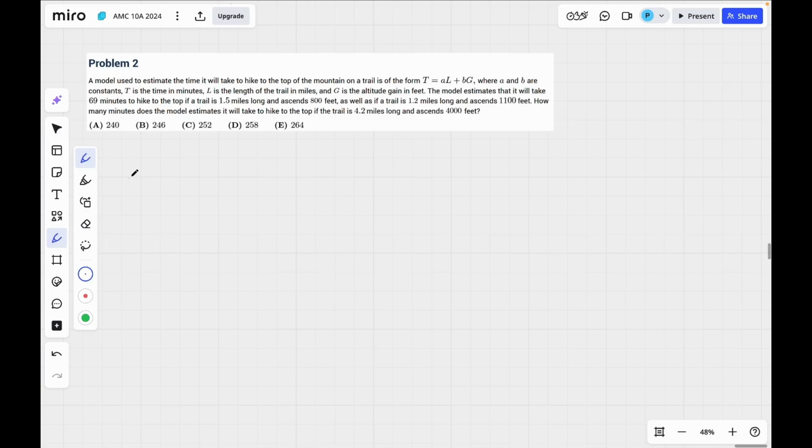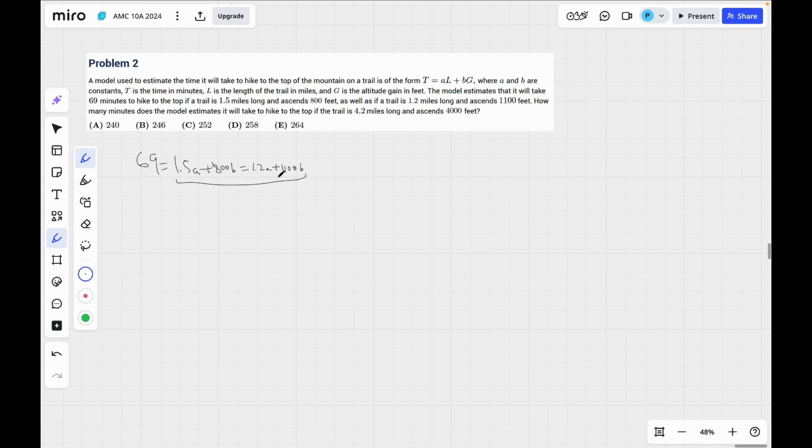So here, let's plug the values of L, G, and T into our equations. Let's work on this equation first.